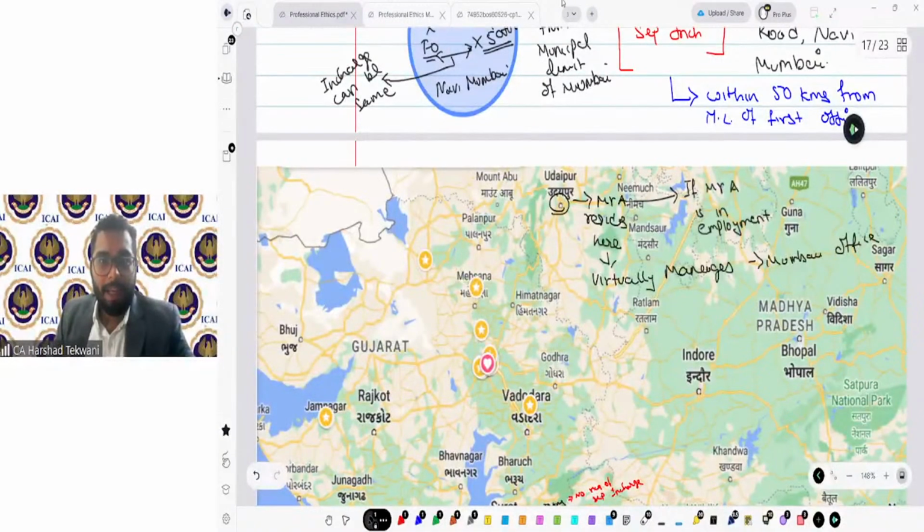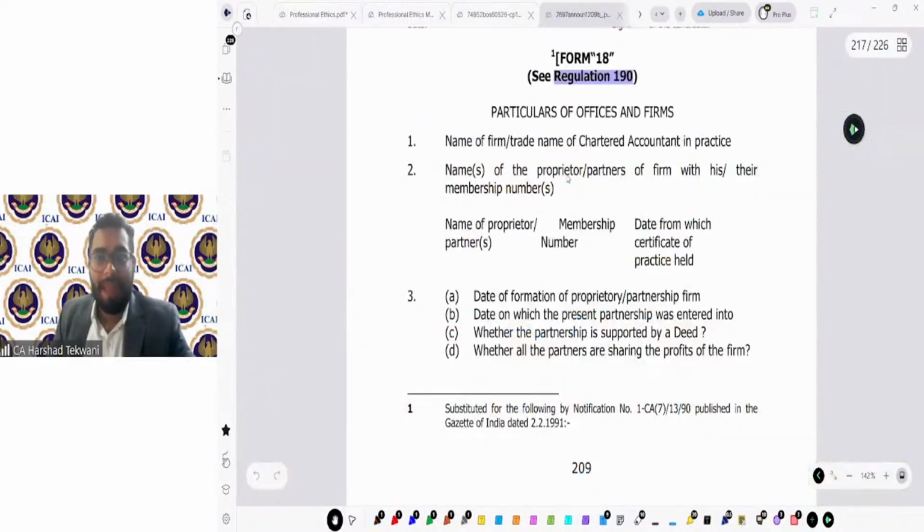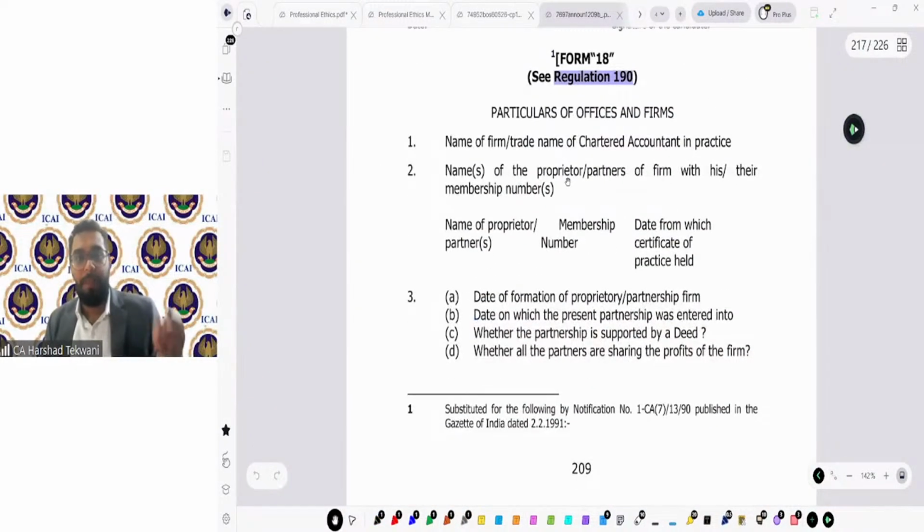So there is Form 18, which is prescribed in the regulations, where the particulars of offices and firms are required to be given. If you see this particular form, I'll show you quickly.